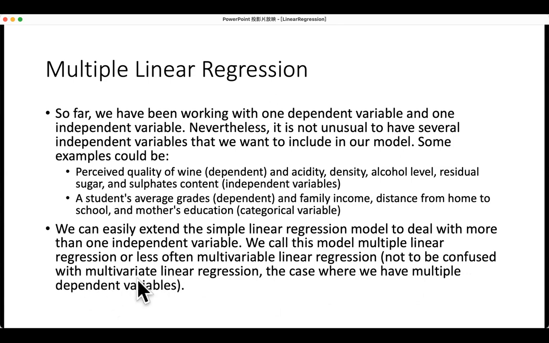So multivariable linear regression is different from multivariate linear regression. If you are afraid of causing confusion, you can just use multiple linear regression for what we have now.